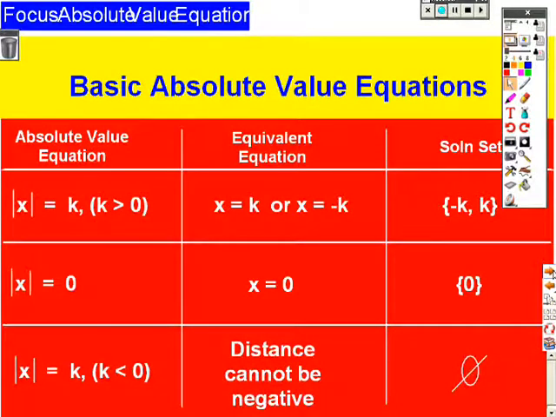First of all, absolute value is denoted, like on this top line right here, with giant bars around the x. So here we have the absolute value of x equals k. In this case, k just represents some constant number.